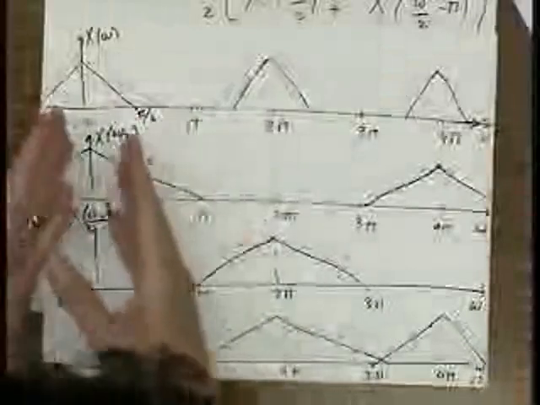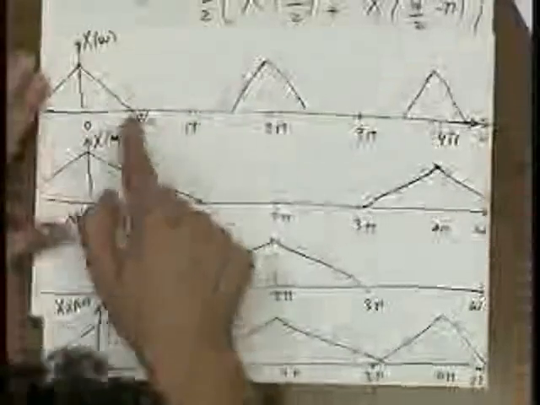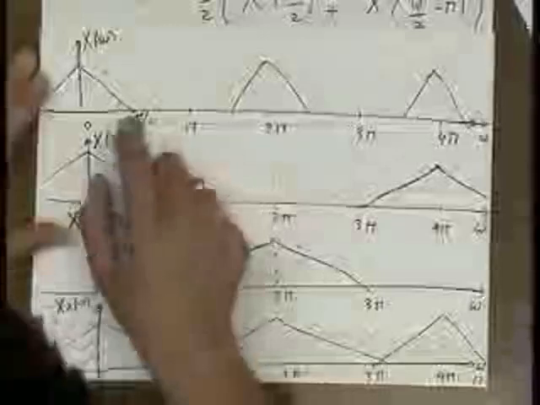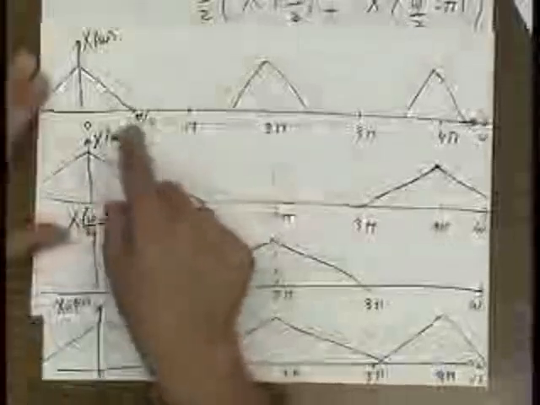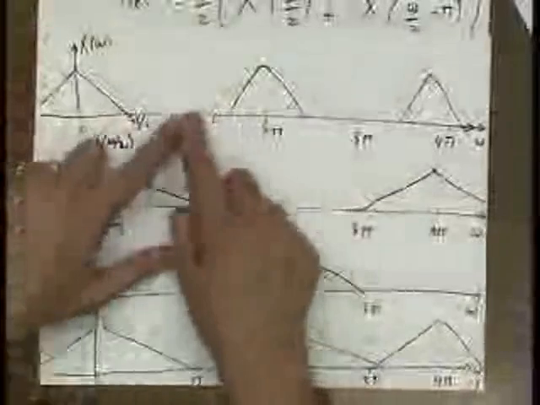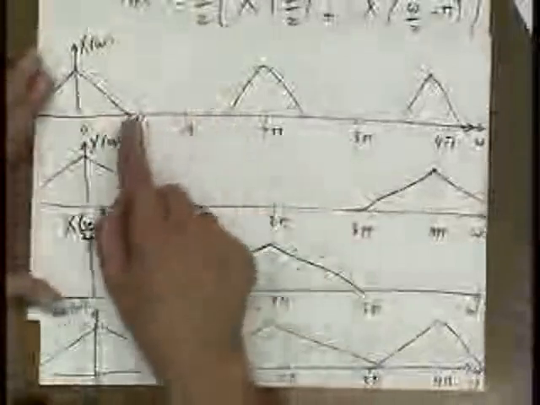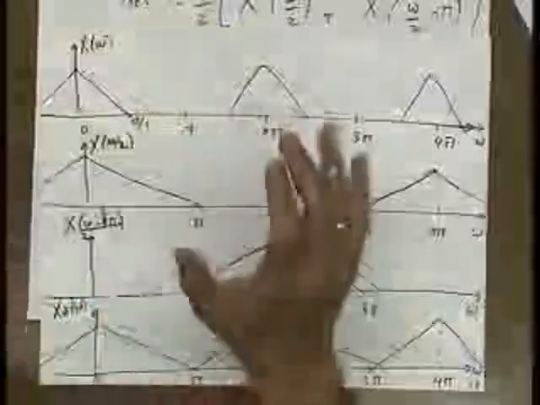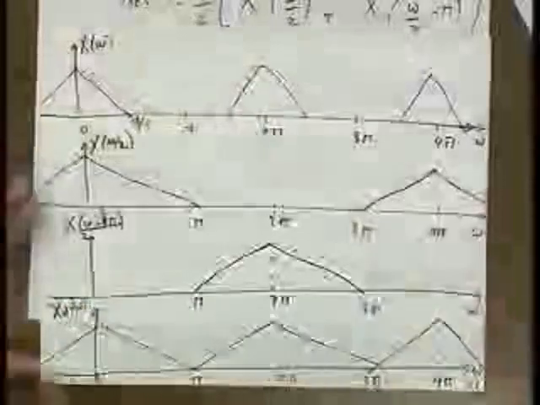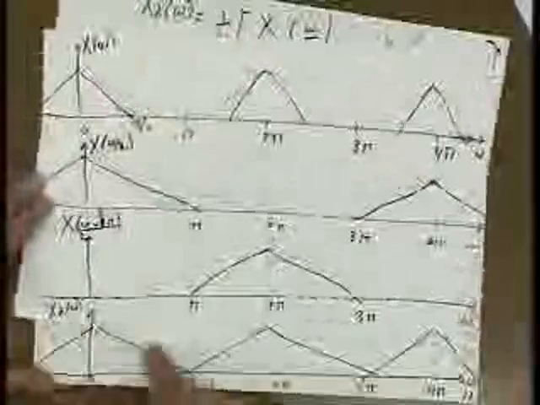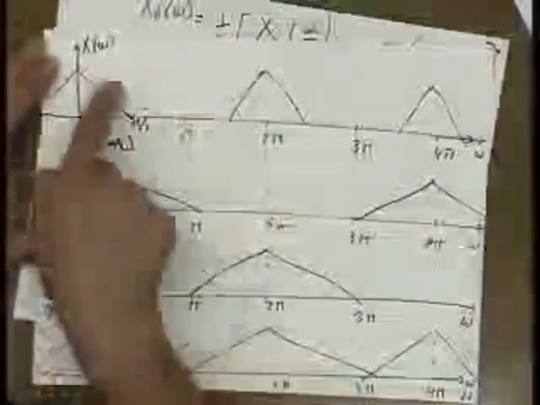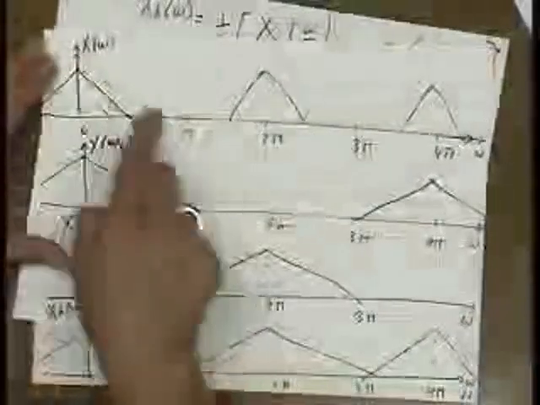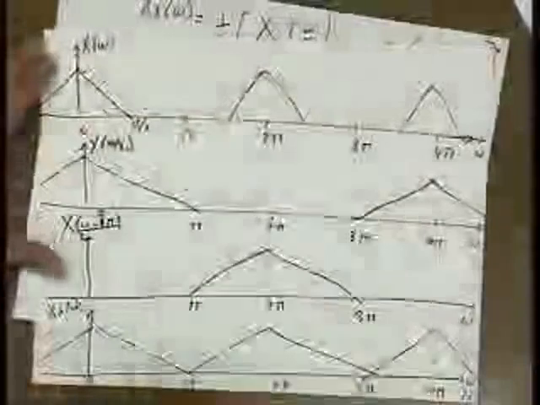Because this x of omega was oversampled in some sense, it only went all the way to pi over 2 instead of to pi where these things were touching. And because it was oversampled by a factor of 2, downsampling it by a factor of 2 didn't mess it up. It allowed the x sub d of omega copies to just barely touch each other and not have aliasing. But if this guy was a little bit less oversampled, a little bit fatter here, then you would have had aliasing.